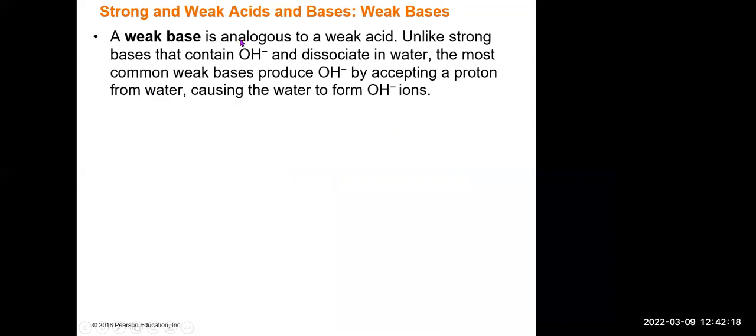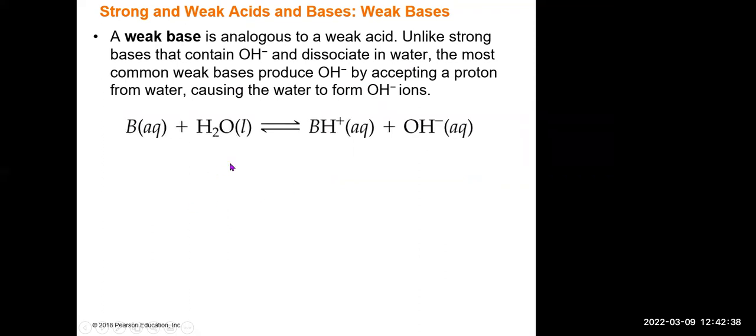A weak base is analogous to a weak acid. Unlike a strong base, they do not contain OH− to dissociate in water. The most common weak bases produce hydroxide by accepting a proton from water, causing the water to form hydroxide ion. If they are weak bases, we will use two arrows, left to right and right to left.